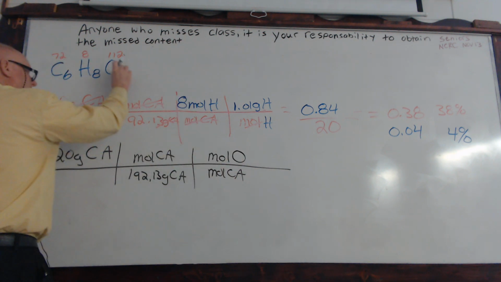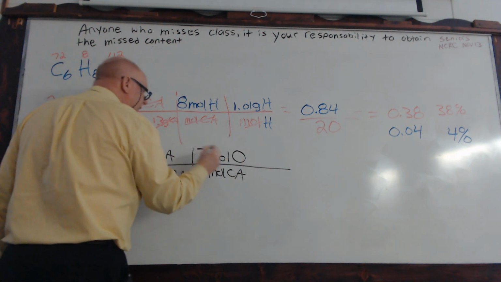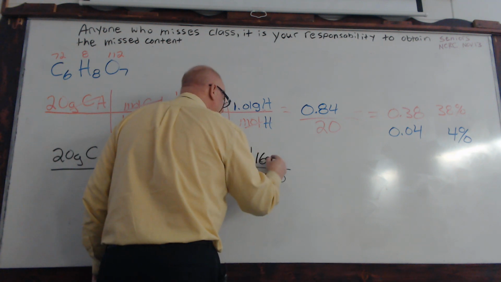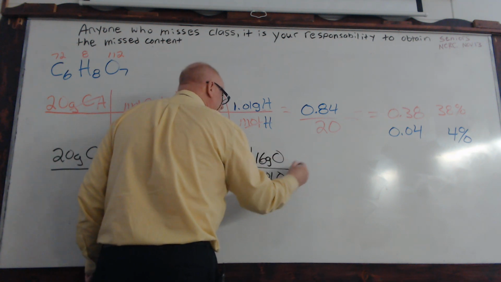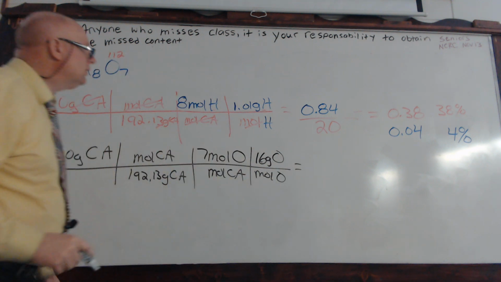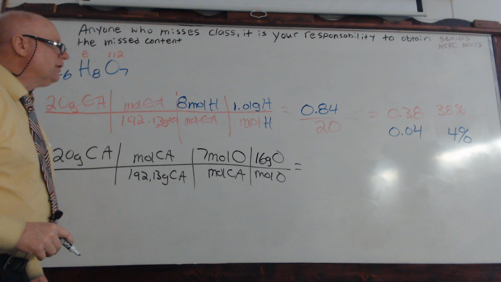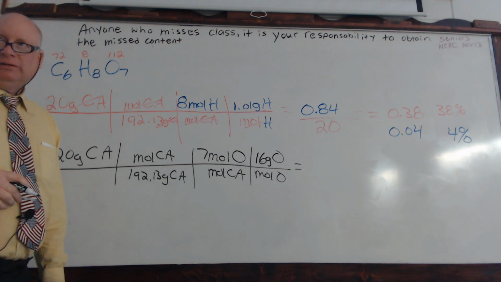But we go back to our formula. There's 7 of them there. Then for every mole of oxygen, you get 16 grams of oxygen. We multiply all those out, and we must get a little over 10, maybe 10 point something.